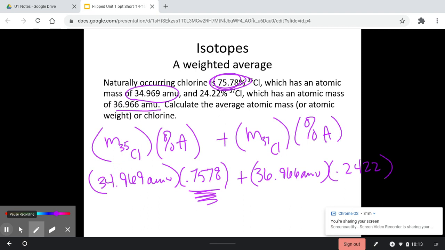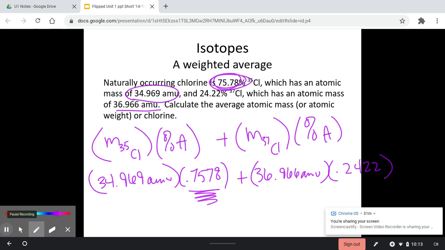So it's the exact same formula. You're still going to take your sample and multiply it by the abundance. So in this case, we would do the mass of chlorine 35 and multiply it by the percent abundance for chlorine 35. And then we're going to add that to the mass of chlorine 37, and we are going to multiply that by the percent abundance of chlorine 37. So it would look like they tell us a mass here, 34.969 AMU.